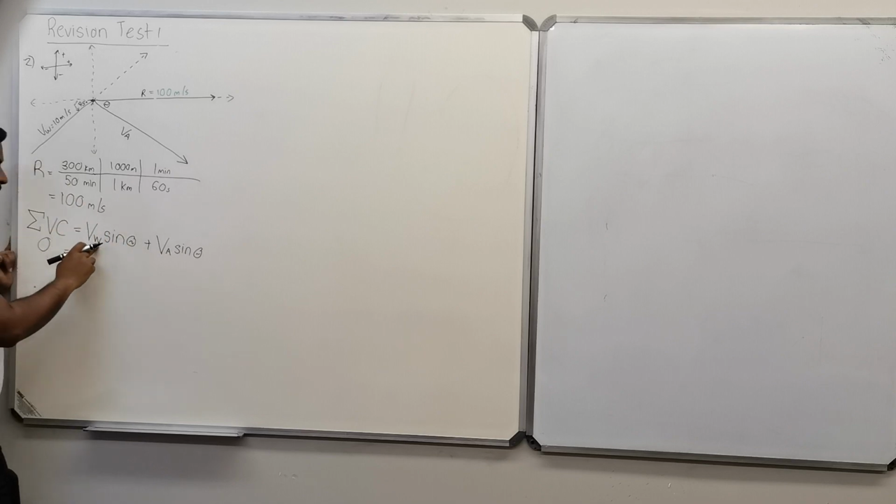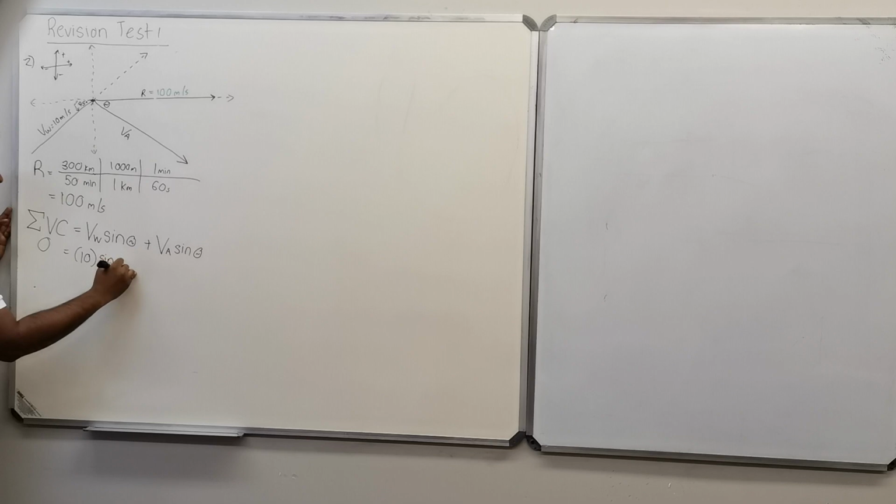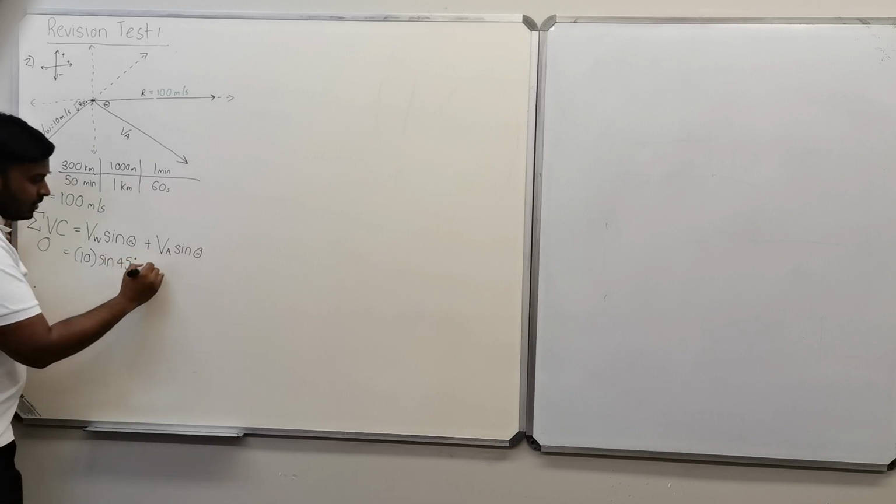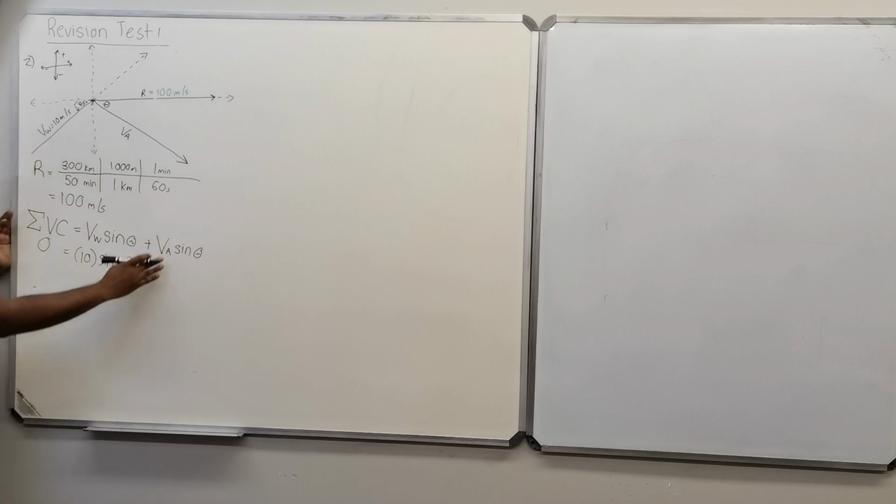So VW, velocity of the wind, we need to see whether it's a positive or negative value. Is this line moving up or down? Moving up, so it's going to be a positive magnitude. So this would be 10 sine 45, plus. Now VA, velocity of your aeroplane, is the magnitude positive or negative?